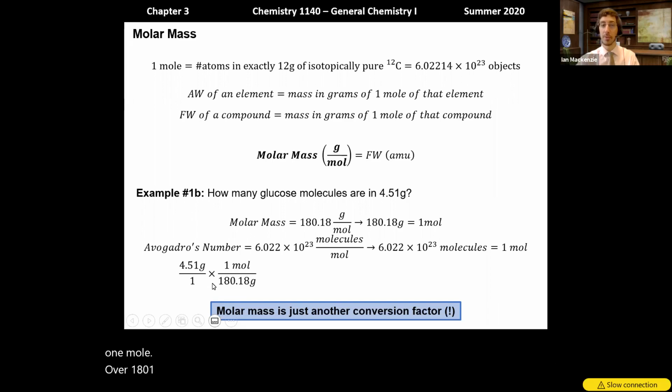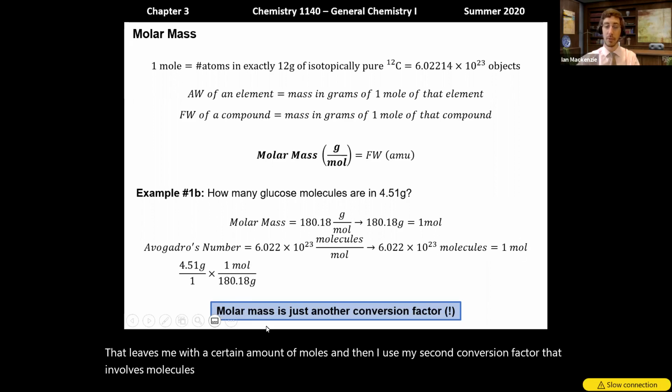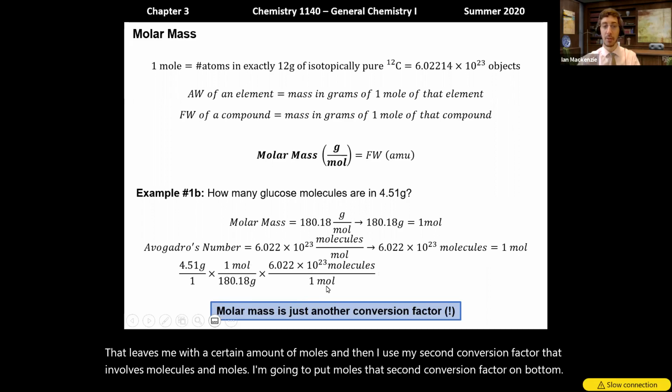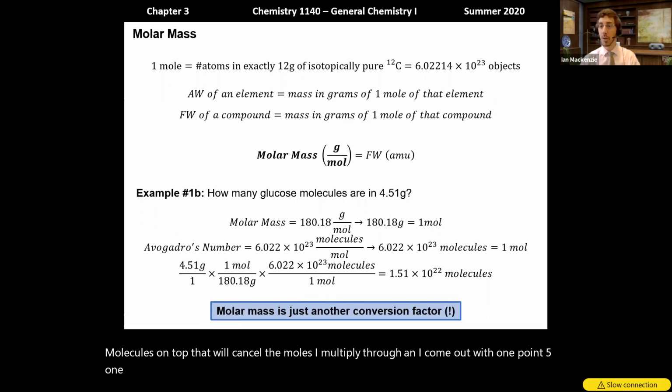This is my first conversion factor, and I write it this way to cancel the grams. That leaves me with a certain amount of moles. And then I use my second conversion factor that involves molecules and moles. I'm going to put moles from that second conversion factor on bottom, molecules on top. That will cancel the moles. I multiply through and I come out with 1.51 times 10 to the 22nd molecules.